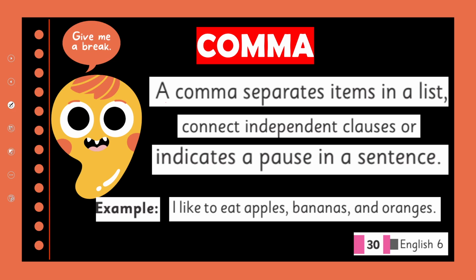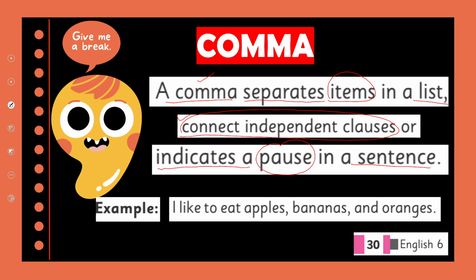Now, a comma separates items in a list, connects independent clauses, or indicates a pause in a sentence. So when there is more than one thing and it's kind of a list, or if you want to connect independent clauses together, as we have already read them, we will be using commas.